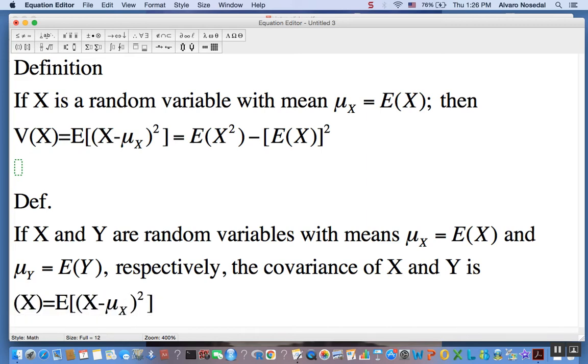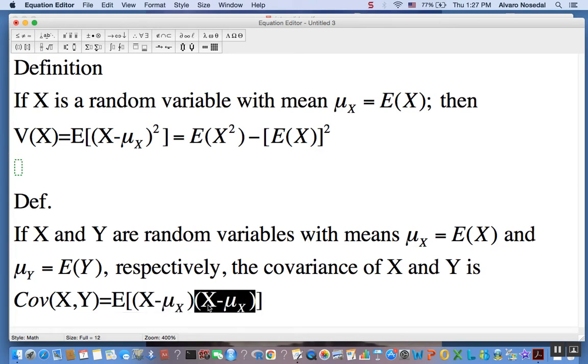So the covariance between x and y, instead of being the expected value of x minus its mean squared, is going to be the expected value of this cross product: x minus its mean times y minus its mean.